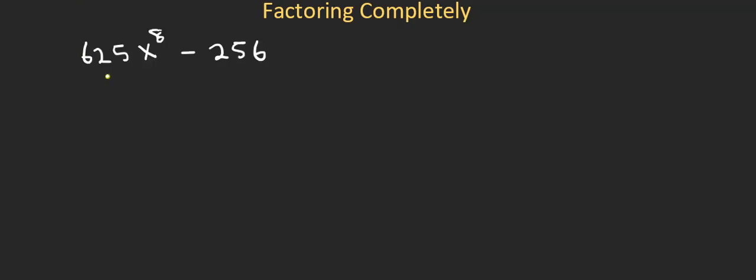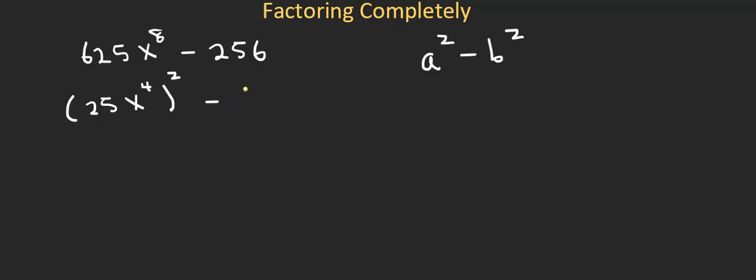What about 625x to the 8 minus 256? Well, if you look at this carefully, this is a difference of squares. And this is what I mean. We could rewrite this as 25x to the 4 quantity squared minus 16 squared.